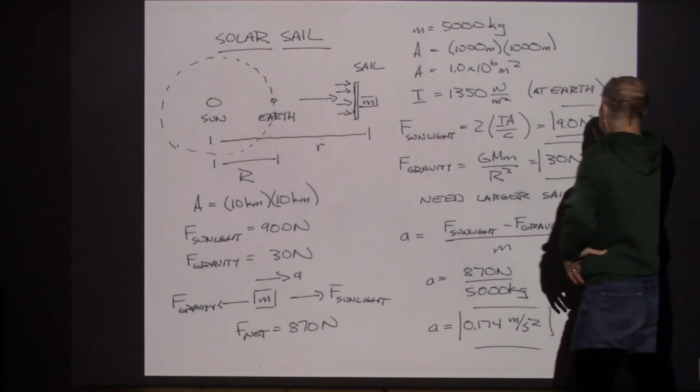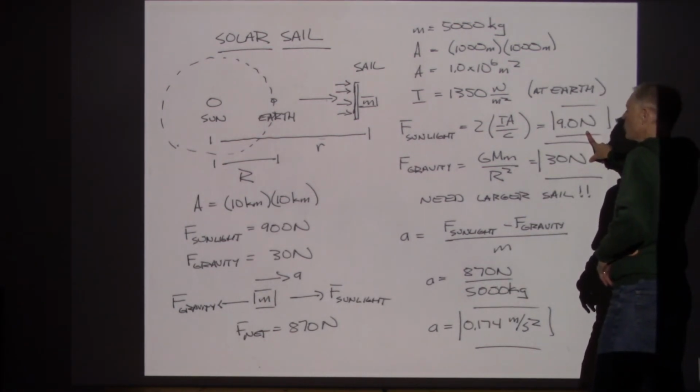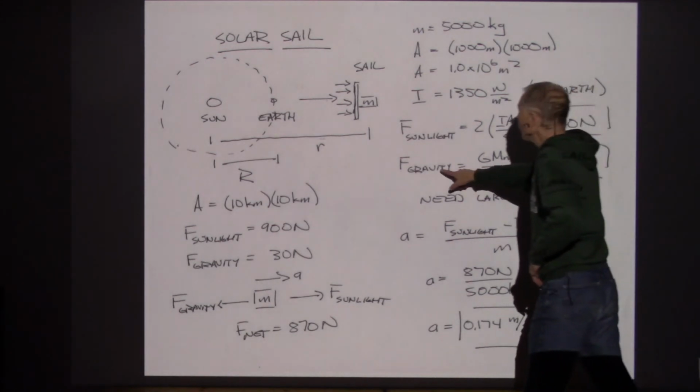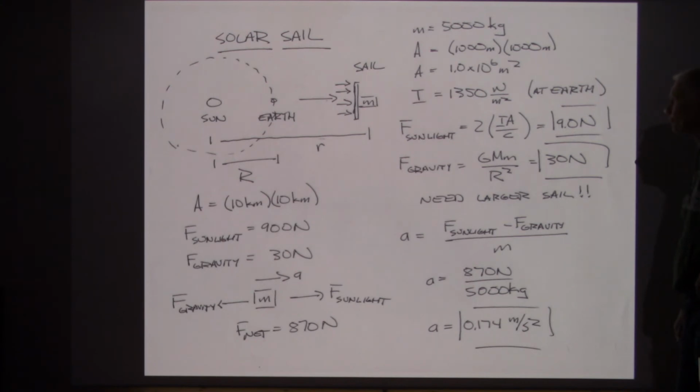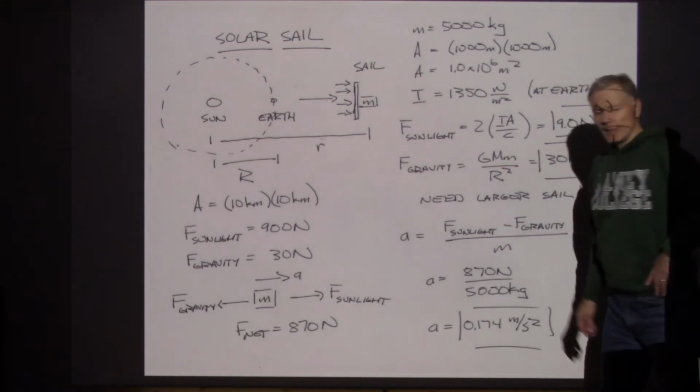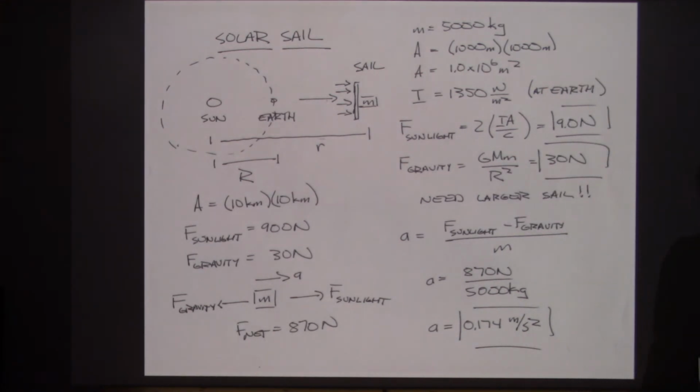So 9 newtons, maybe that's enough to work with, but wait a minute, what about the force of gravity from the sun? So the mass of the sun, did I write it down? No. All right, the mass of the sun is 2 times 10 to the 30th kilograms.